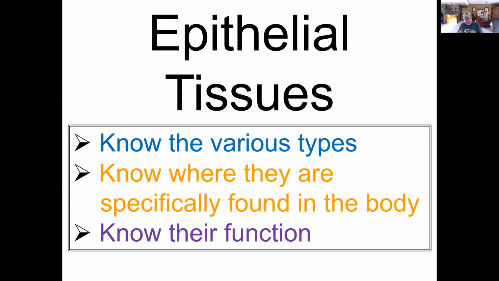We're going to talk about different kinds of epithelial, different kinds of connective tissue, different kinds of muscle. So in addition to the 4 major types, we're going to learn different subgroupings. And we want to begin to connect not only the types of tissues, but where do we find them in the body, and what I should say, are their major functions.